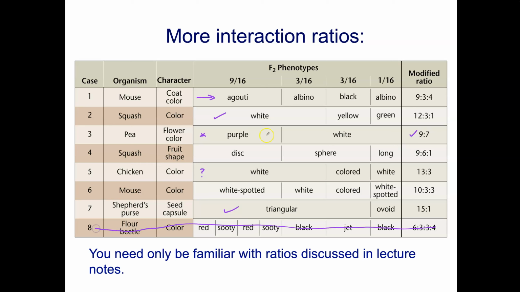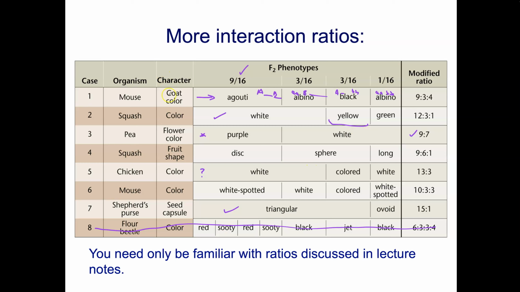I included both of them because they just have different ways of showing you kind of how, because you know what the genotypes are going to be, right, for each of these. And if you know the genotype, and you see the modified ratio, you can figure out which of the categories are each genotype, and that helps you sort out what they're probably doing.